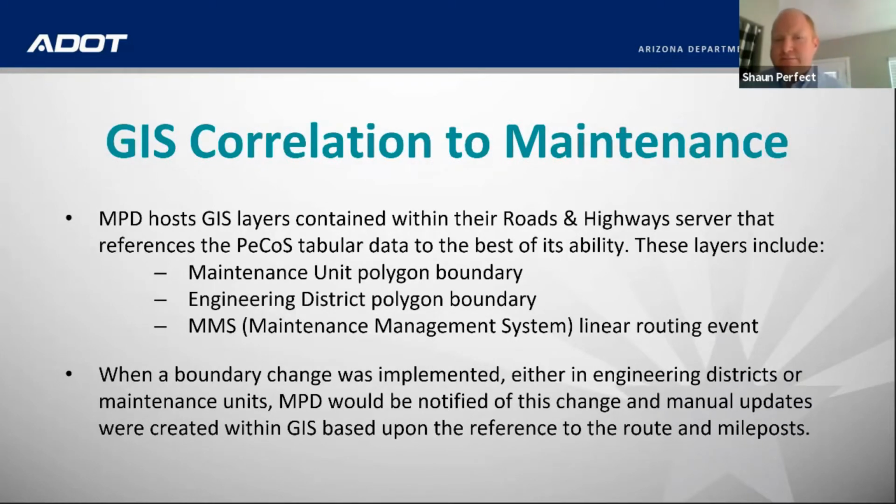The correlation between these tabular maintenance records and GIS is that we host these layers within our roads and highways. As I said before, roads and highways includes multiple layers of ADOT information, including pavement, traffic, functional classification, a lot of those ideas that Sage and John went through with their story maps.